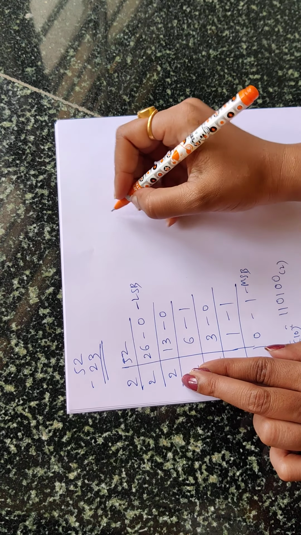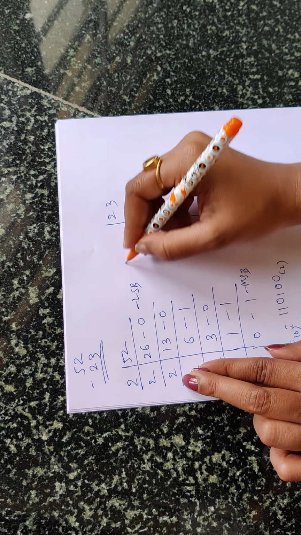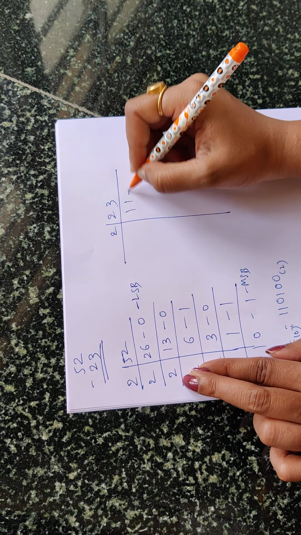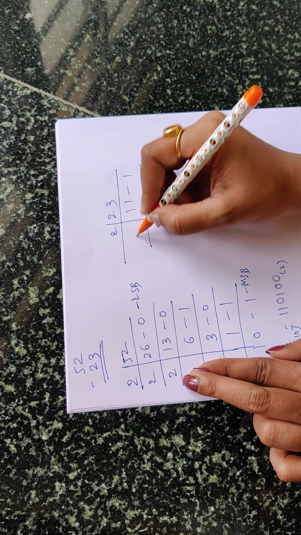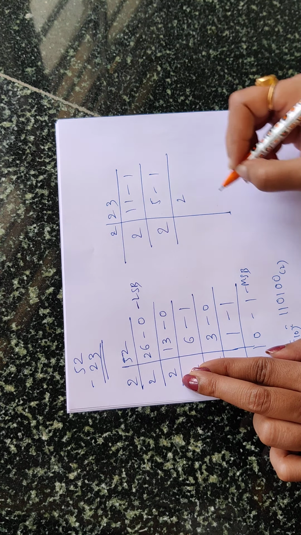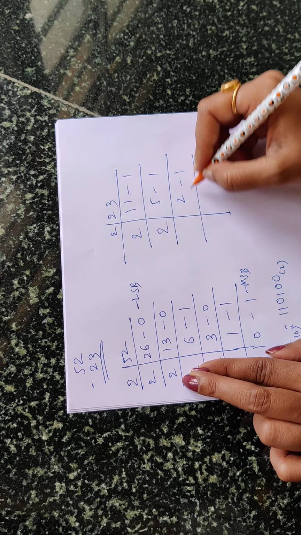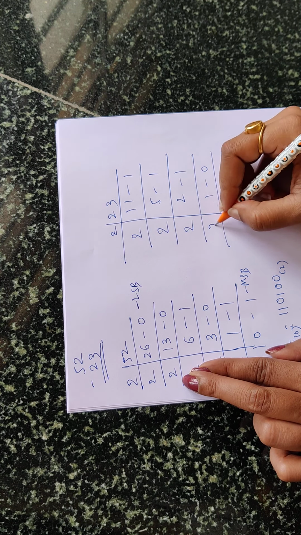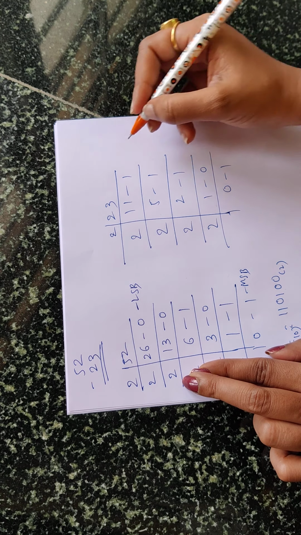Done? Now let me convert 23. So divide by 2 again. 2 1s are 2, 1 is a remainder. 2 5s are 10, 1 is a remainder. 2 2s are 4, 1 is a remainder. 2 1s are 2, 0 is a remainder. 2 zeros are 0, 1 is a remainder.